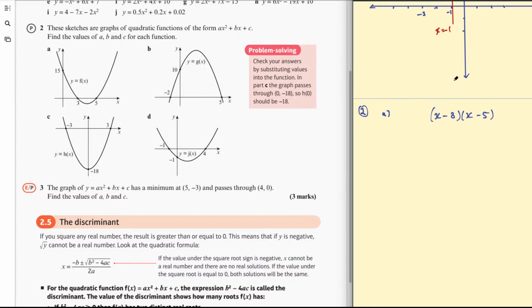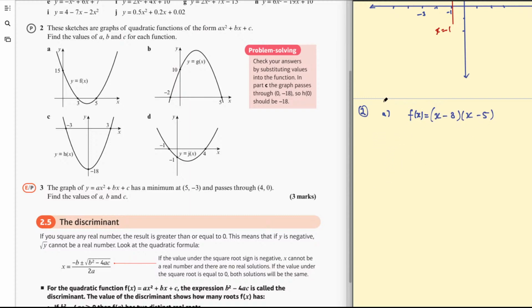Because remember, if we factorized something into this form, the solutions would be x equals 3 and x equals 5 for when it equals 0. So we can do the reverse of that and say if the function is equal to 0 at 3 and 5, then it must equal x take 3 and x take 5. So we can say f of x equals x take 3, x take 5.